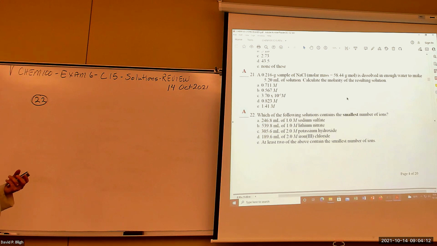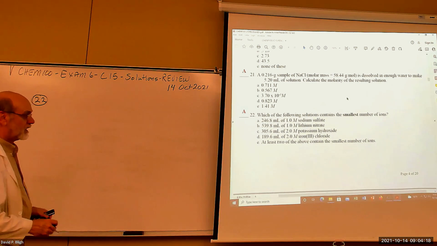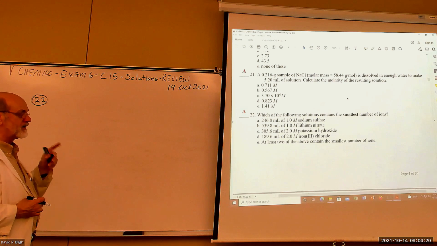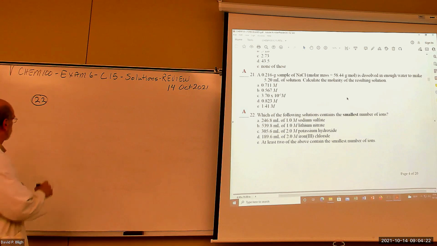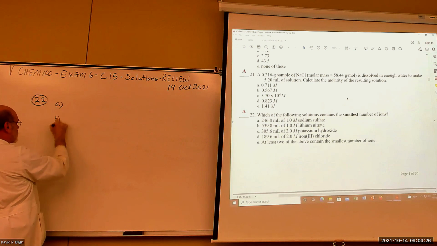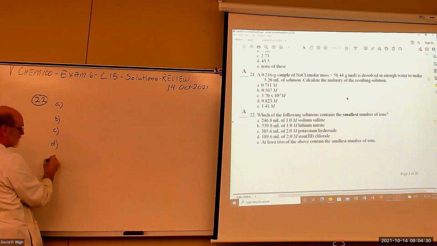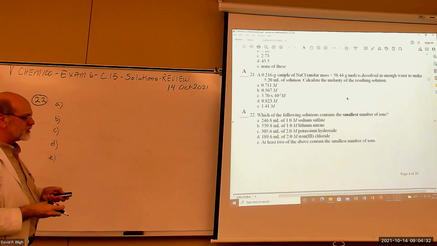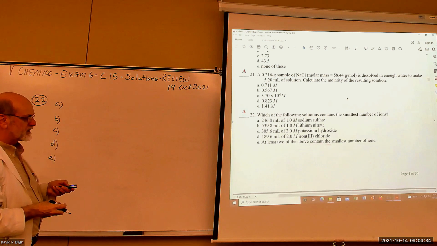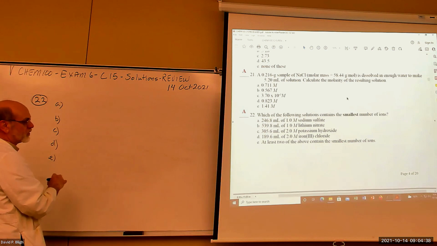Okay. We're going to need to set up a Henry Ford here, an assembly line. We're trying to find the smallest number of ions out of this group. So we've got A, B, C, D, and E. At least 2 of the above contain the same number, and they're the smallest. Right, so we got to do every one of them.